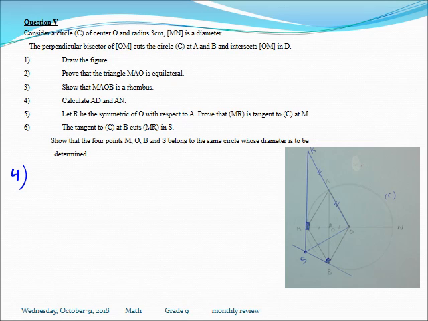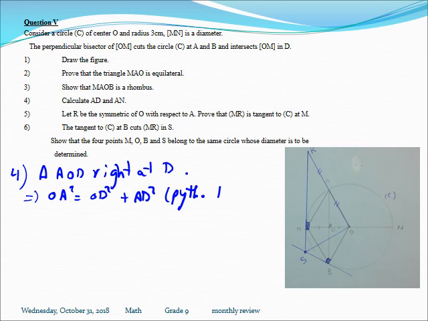Now 4. Calculate AD. Triangle AOD is right at D. So using the Pythagoras theorem, OA squared equals OD squared plus AD squared. OA squared is 3 squared, OD is 1.5 squared, plus AD squared.